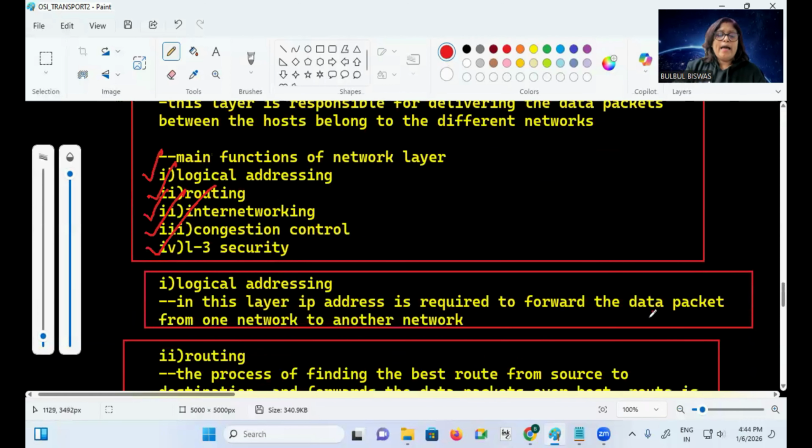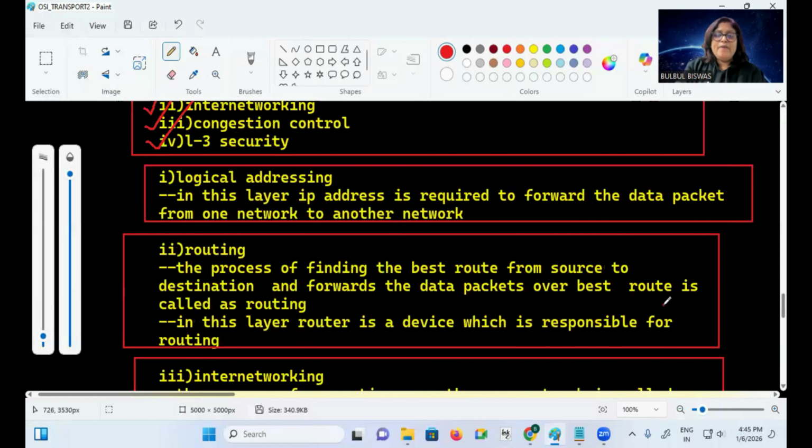In this layer, every device needs an IP address. The moment I add the IP address to the host, it will be recognized in a network as a unique identity so that communication becomes easy. No IP address, no identification of the device. And it is logical. Why? Because the IP address changes from network to network. Clear?